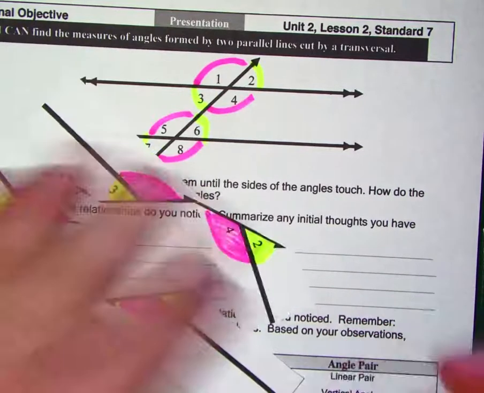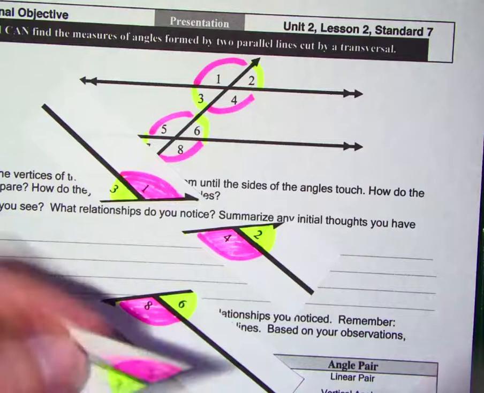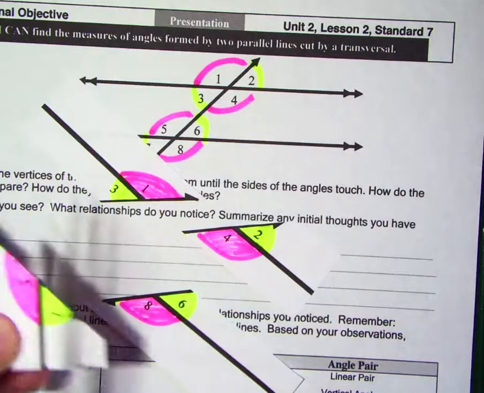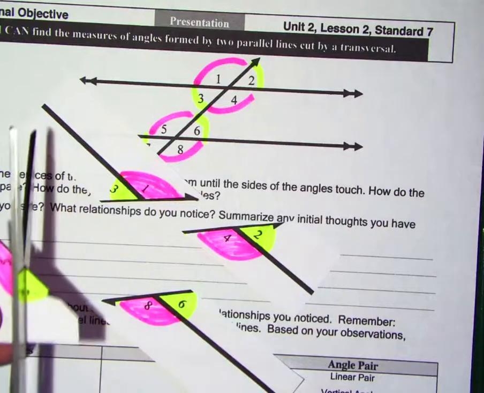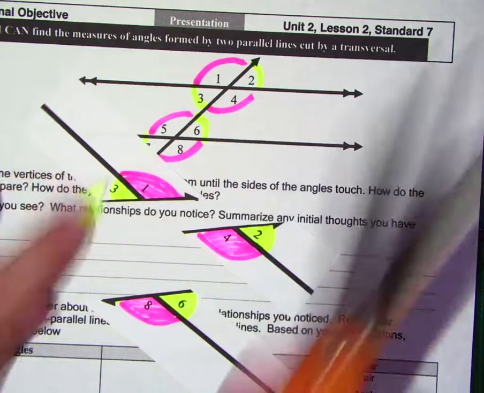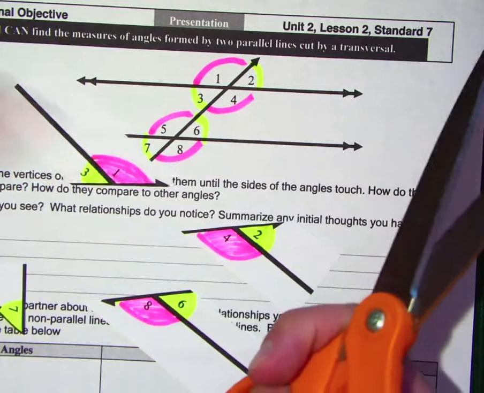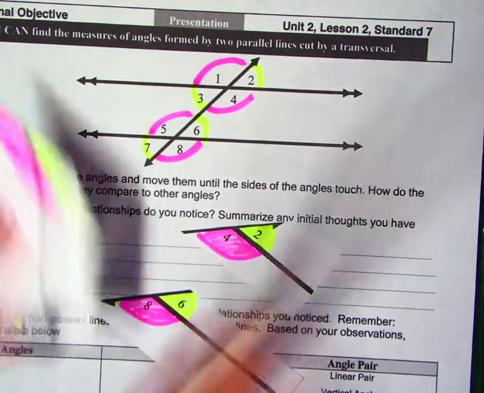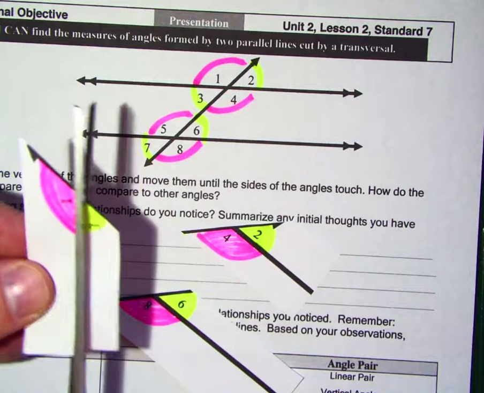So I have all these angles here, and now I've got to cut these guys in half as well. So there are two angles. Here are two more.